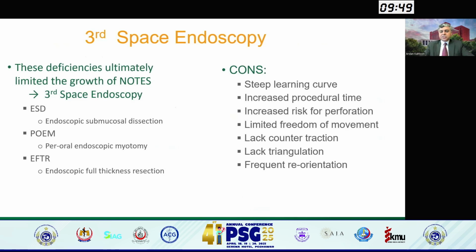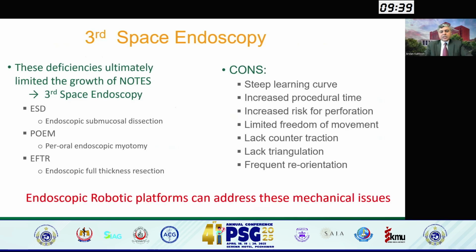So these are procedures that are still limited in terms of generalizability, in expert hands, which then brought this whole concept back: can endoscopic robotic platforms address some of these mechanical issues being faced by endoscopists, and be readily available to general endoscopists who may be able to achieve some of these complex resections?